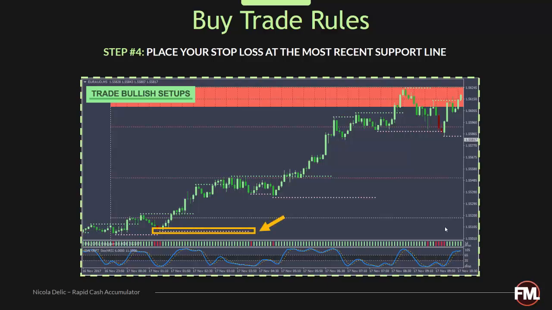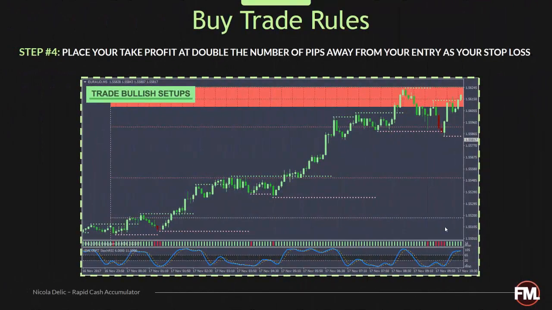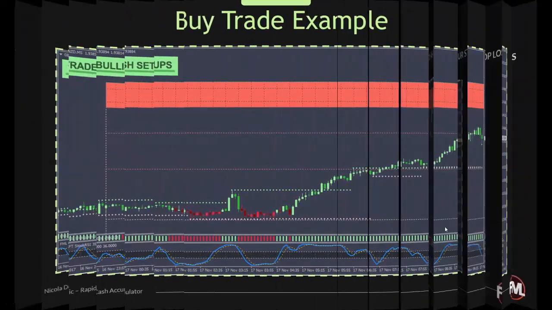So just use that opposite dot line. Definitely the easy way. Place your take profit at double the number of pips away from your entry as your stop loss. So double the size from entry to stop loss used for the take profit, so to get 1 to 2 risk reward.